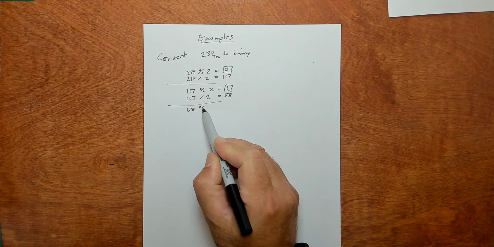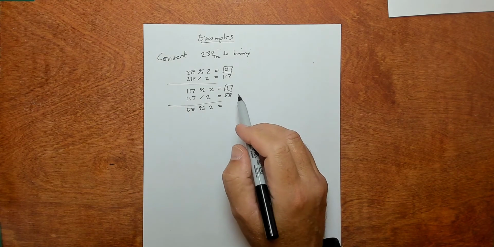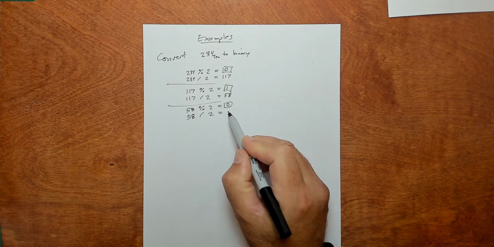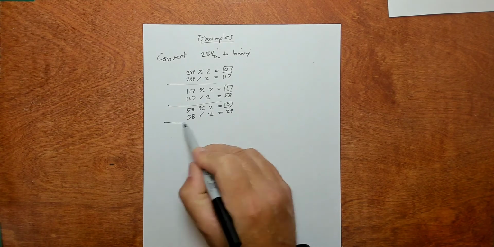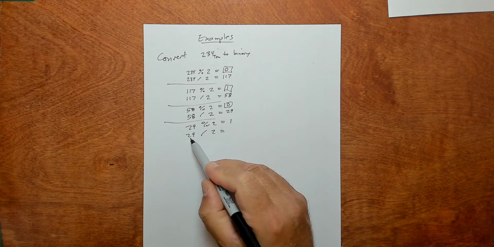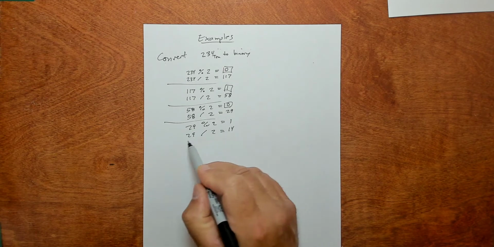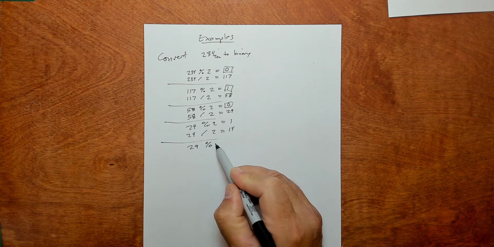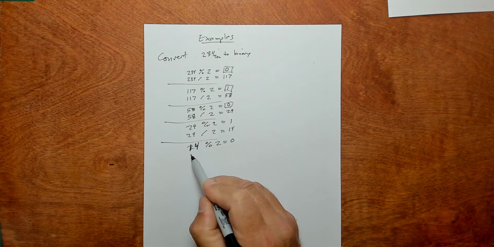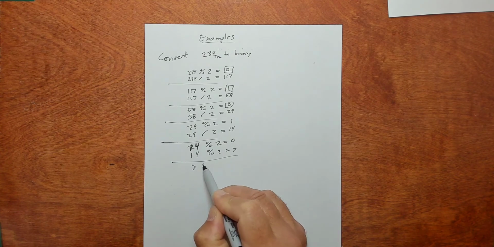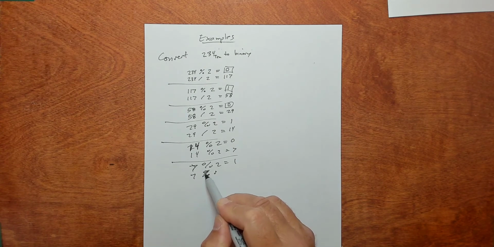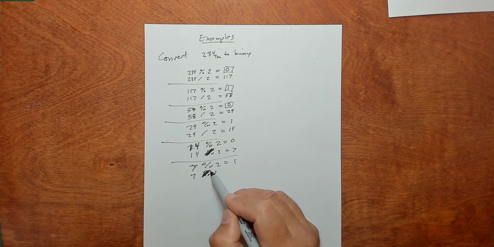Then you take 58 and you divide by 2 and you get another 0, and then you divide that by 2 and you get 29, and 29 mod 2 is 1, 29 div 2 is 14, right? 14 mod 2 is going to be 0, and then 14 div 2 is 7, and then 7 mod 2 is 1, and 7. Sorry about the typos here.